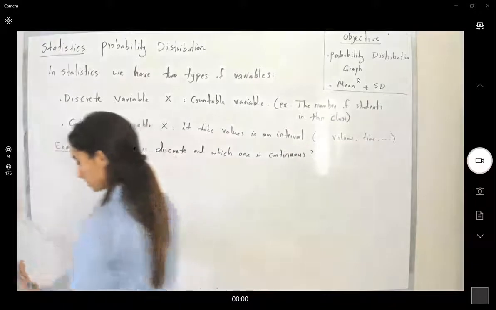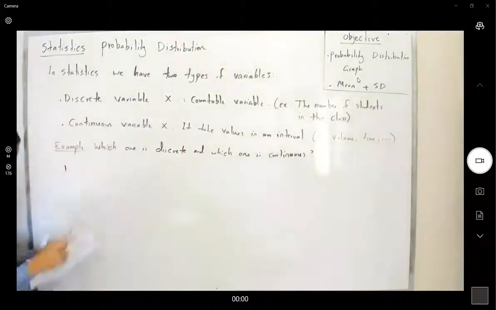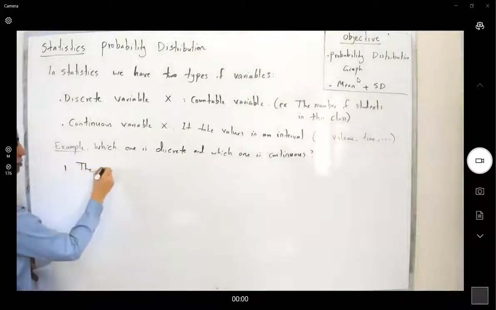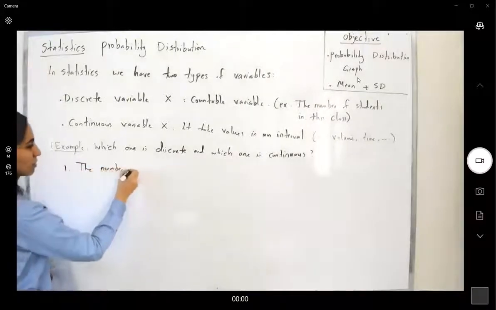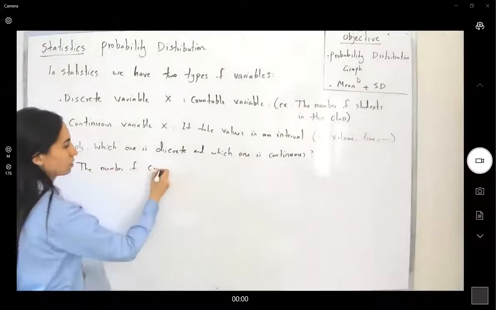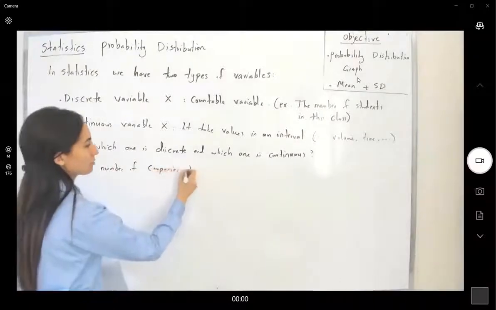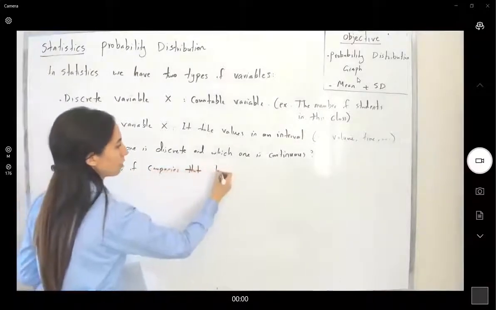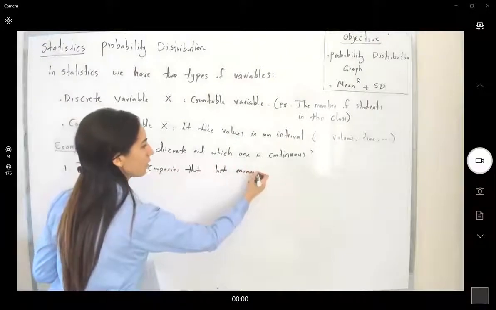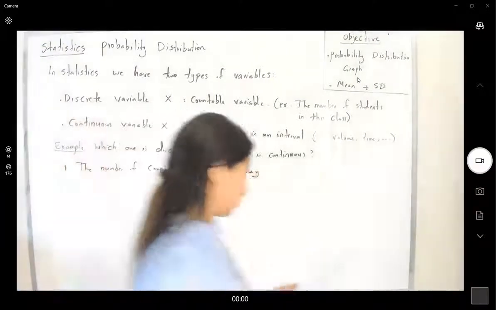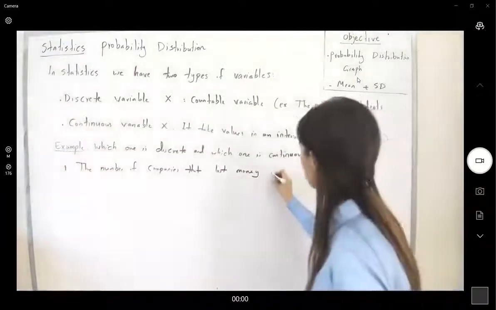The first one is the number of companies that lost money in the previous year.